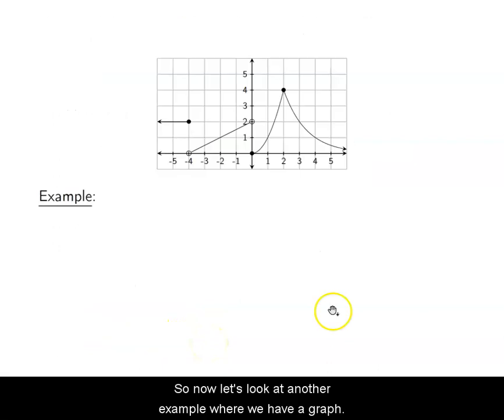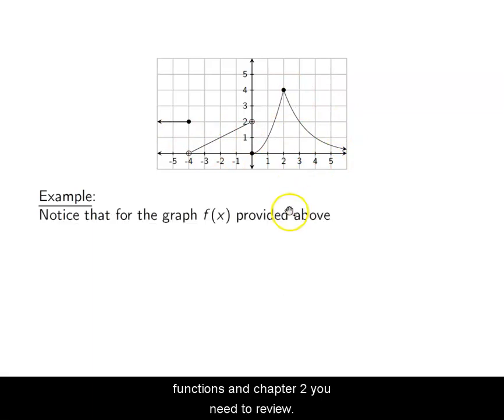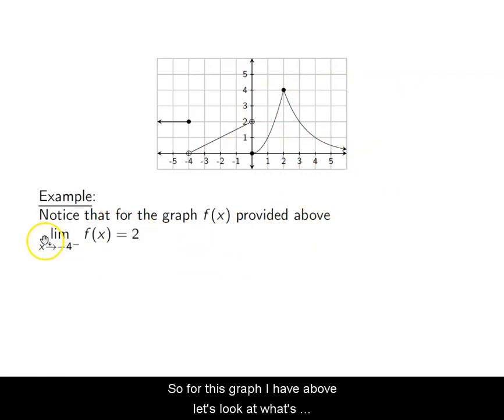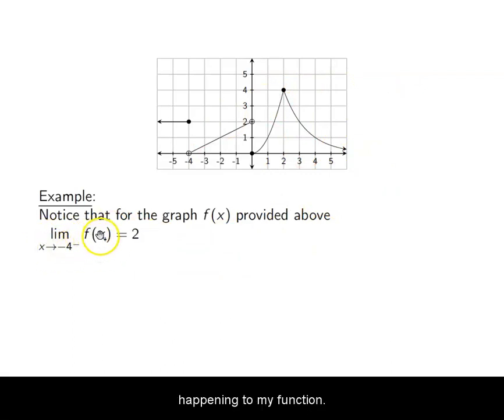All right, so now let's look at another example where we have a graph. I have a piecewise function, where everything is described in pieces. Again, we talked about piecewise functions in chapter 2 if you need a review. For the graph above, let's look at what's happening to my function as I approach negative 4 from the left.